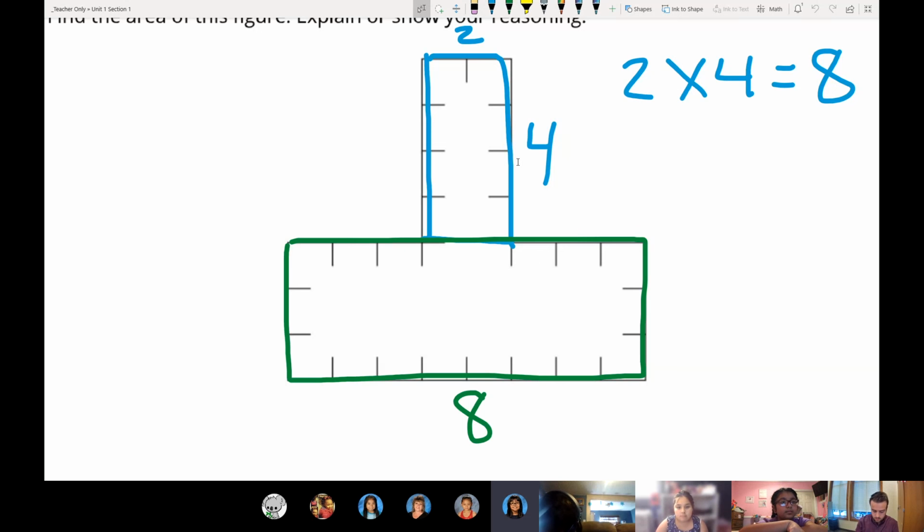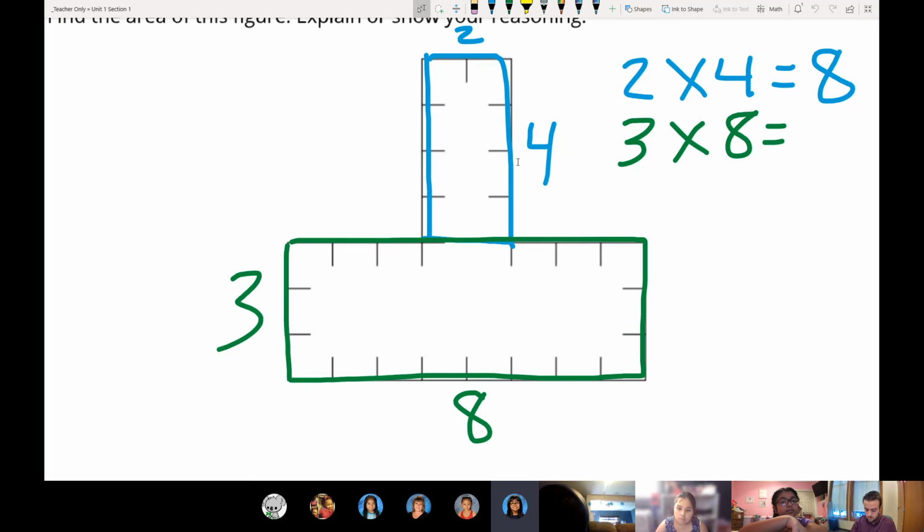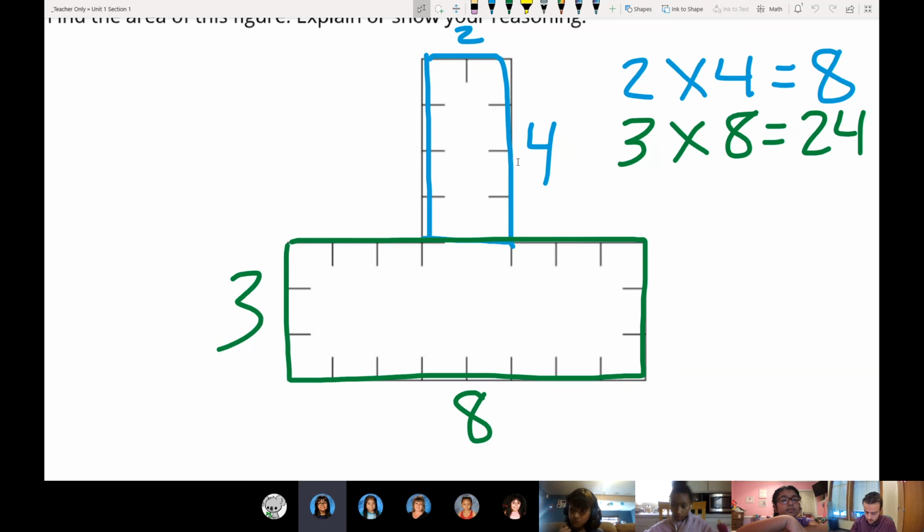How many rows? 3. All right, so if we try to find the area of that, how do we do it? 3 times 8. All right, what does that equal? 24. Great. Yeah, 24.